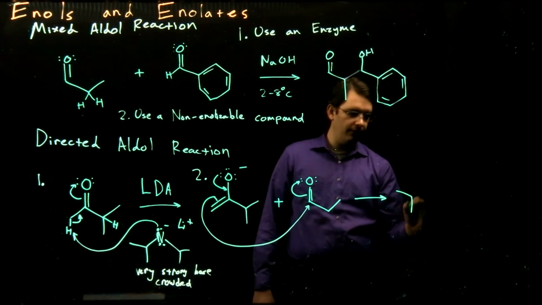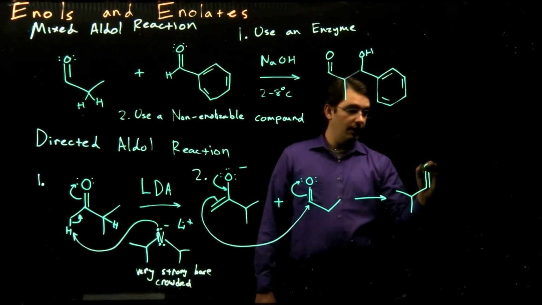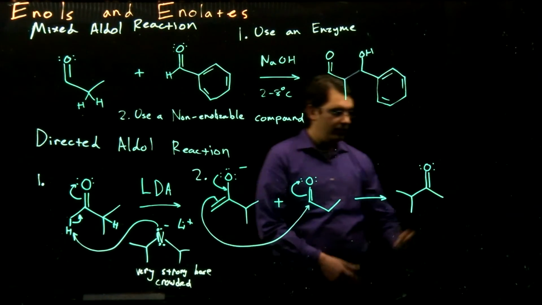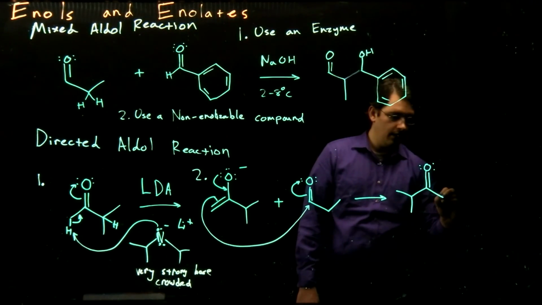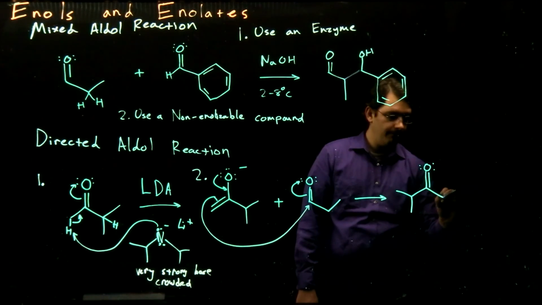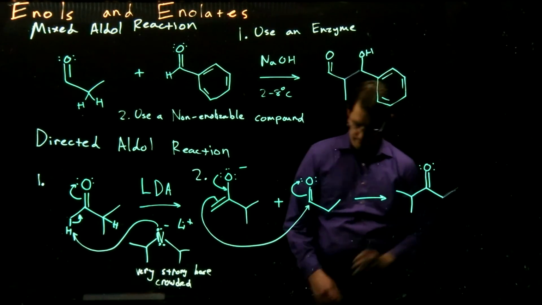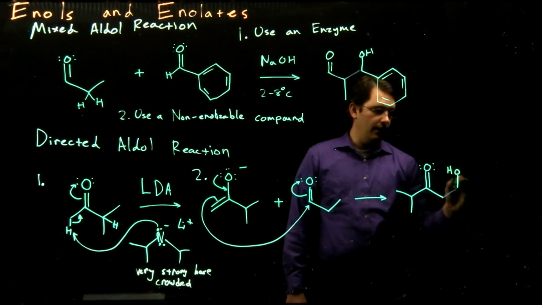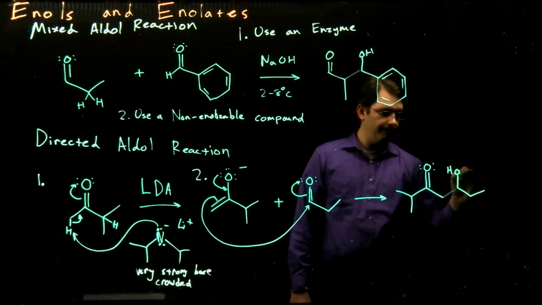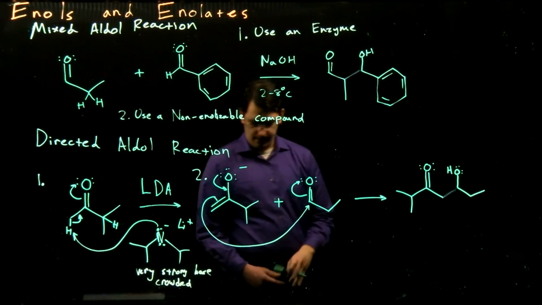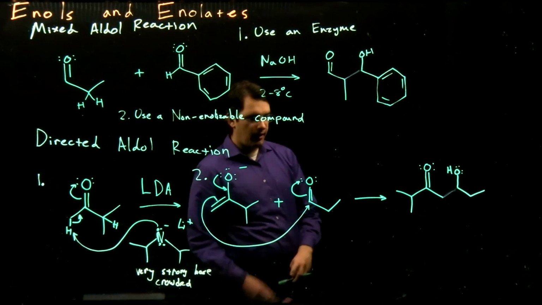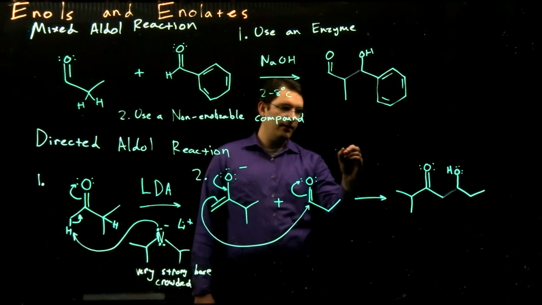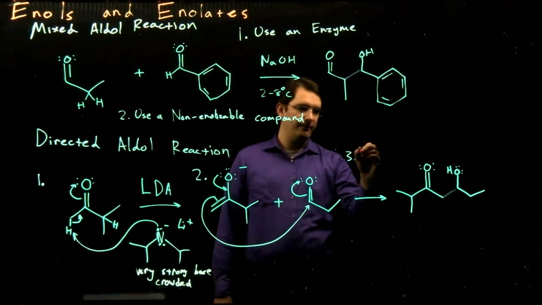So in this case, we'd have the carbon structure of our ketone with the new bond forming over to our aldehyde in this case, which becomes our alcohol in our product. In order, of course, to get the protonated alcohol, we would have a third step where we add acid or water to complete our reaction.